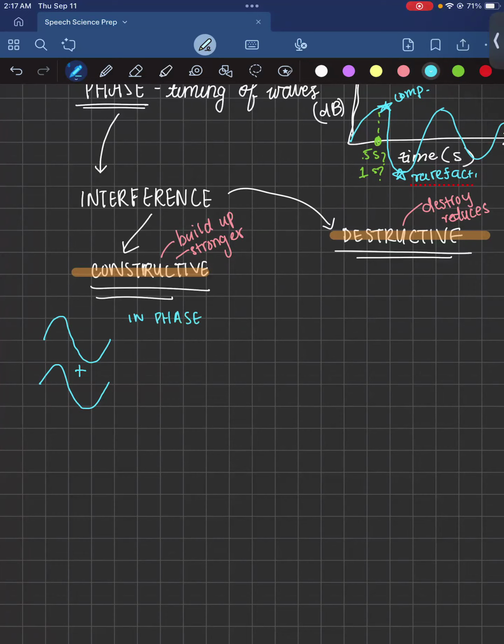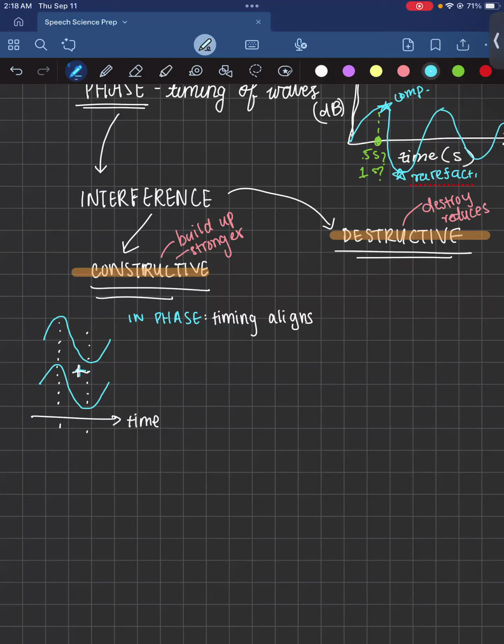So in phase basically means that the timings are the same. So the timing, it all lines up, right? And basically when we go to add this, we see that, if this is time on the x-axis, the compression is occurring at the same time and the rarefaction is occurring at the same time.